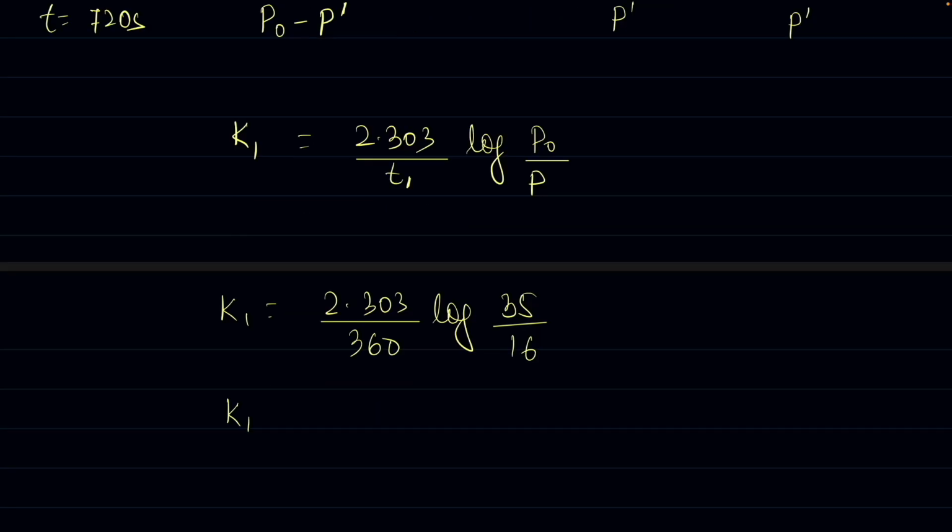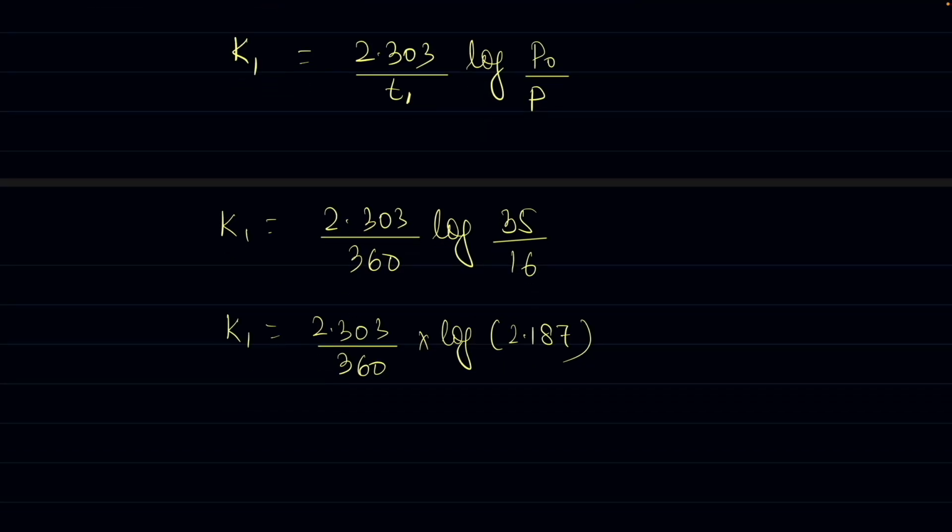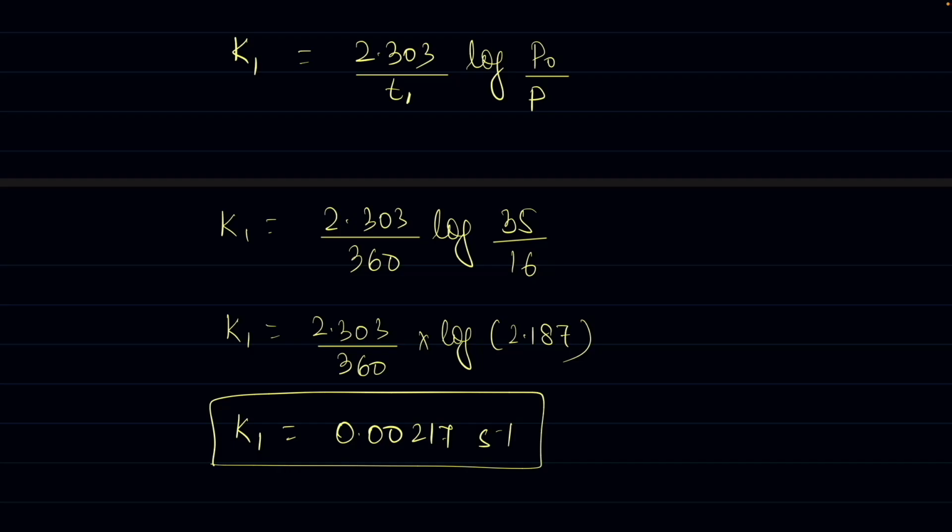So K1 is equal to 2.303 divided by 360 into log of P naught, 35 mm, divided by 16 mm. So 35 divided by 16 is 2.187. Now K1 will be equal to 0.0021 second inverse. So we got the value of K1.